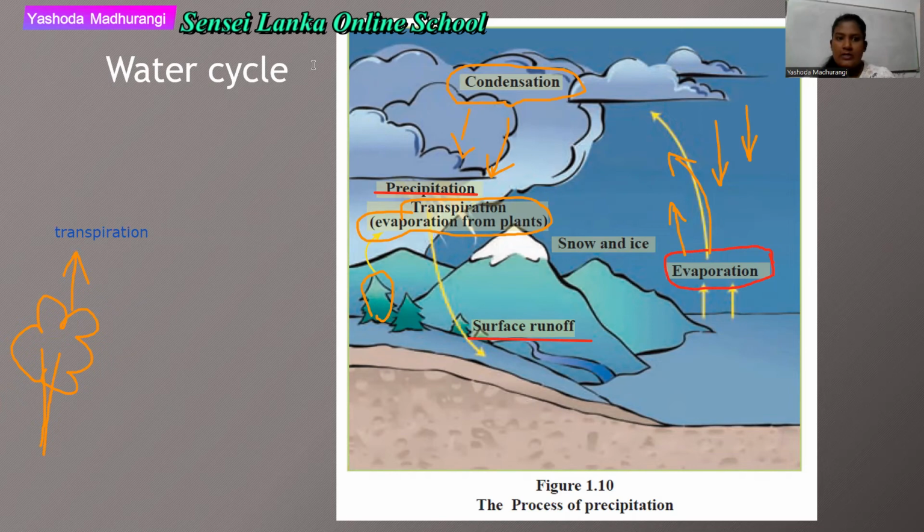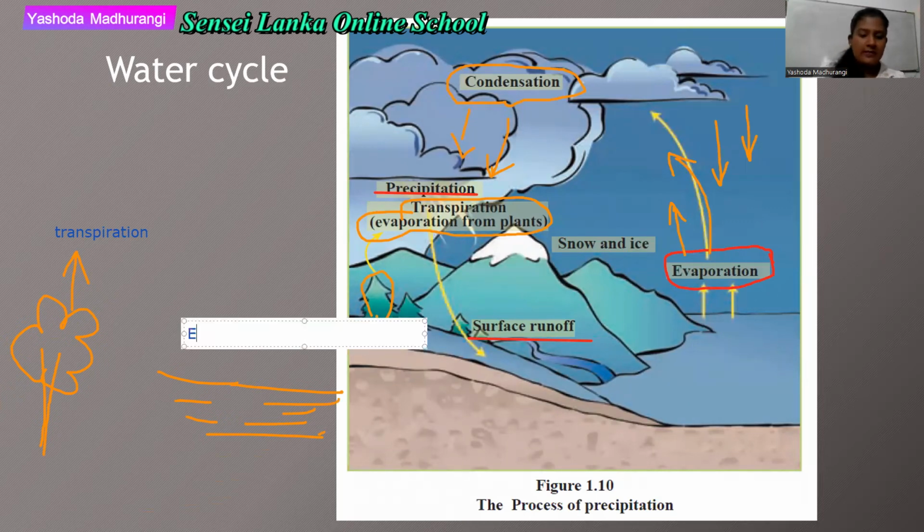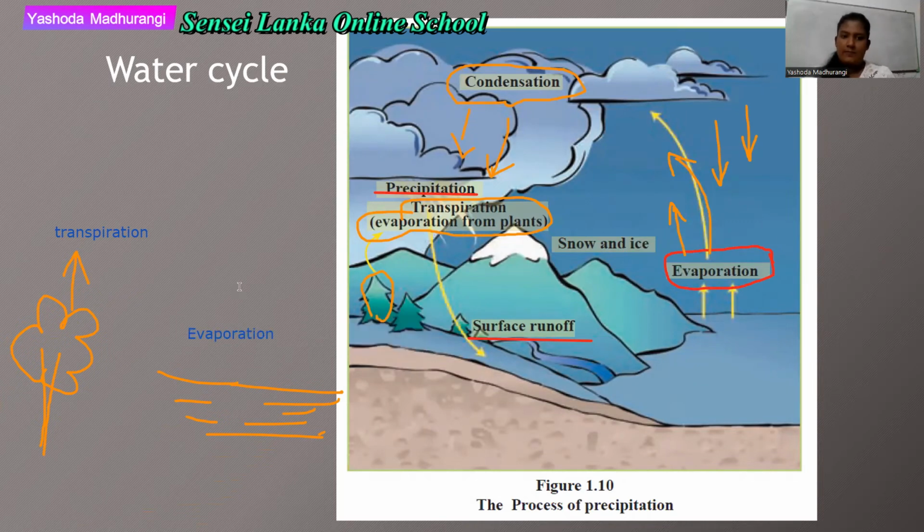If the water is going from a water body, river or ocean, what is that? It is evaporation. These are the two processes, transpiration and evaporation. After that, condensation.